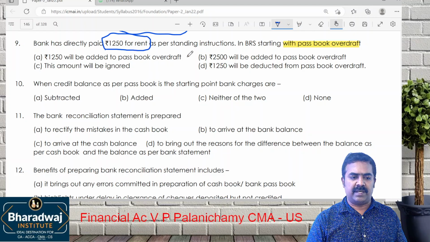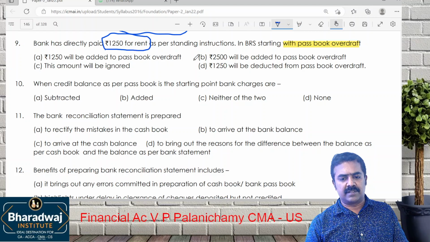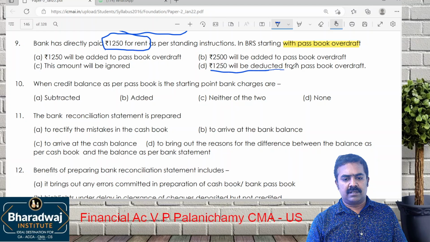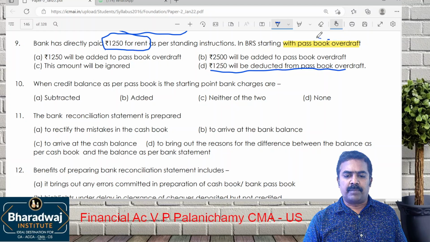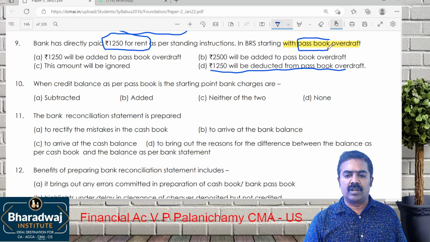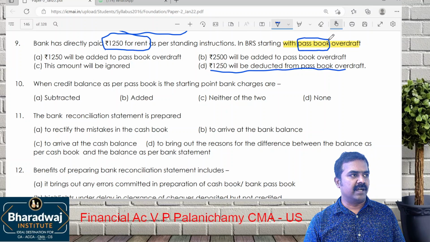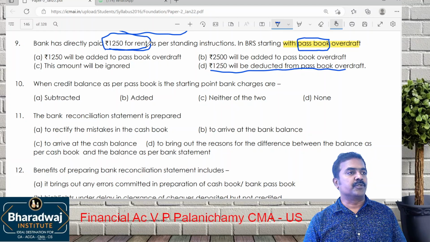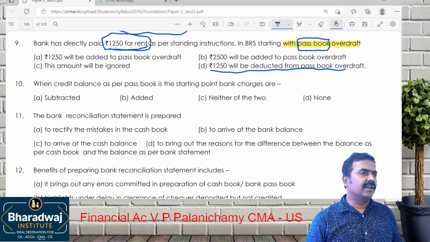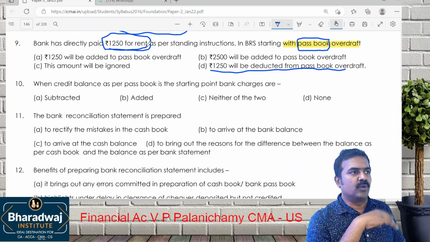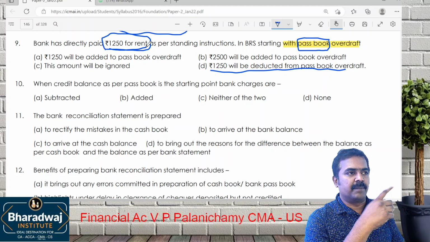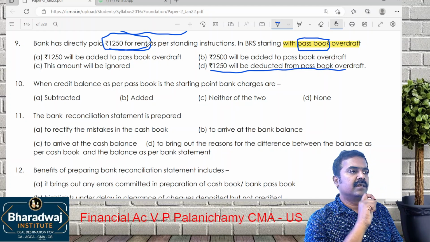Minus. Once again, repeat. Passbook is a starting point. Who are we? Banker. Okay. What we have done? 1,250 we deducted. Whether the customer has deducted this, now what we should do? We should add back. Since OD is a starting point, less.